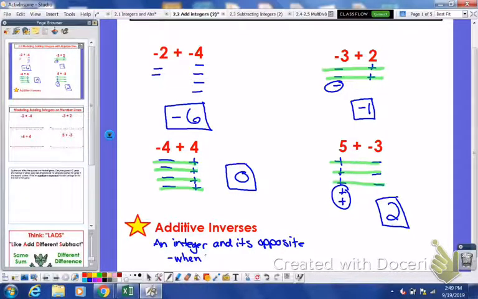When added together, they equal 0. So an example of that would have been -4 plus 4, -10 and 10, a +8 and a -8. So any integer and its opposite, when they add together, they equal 0. Okay, so there's examples of adding with positive and negative integers.